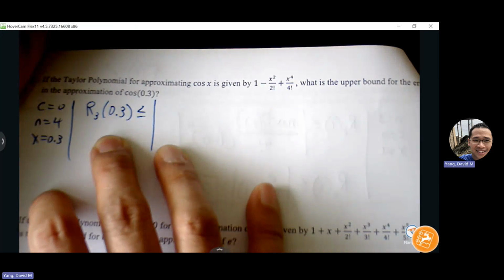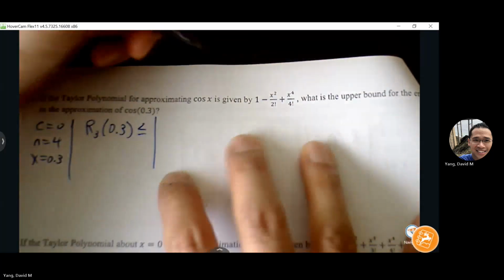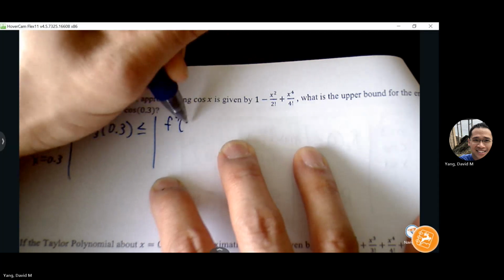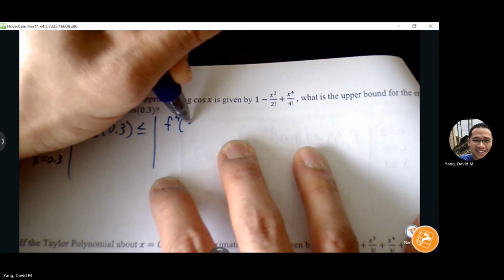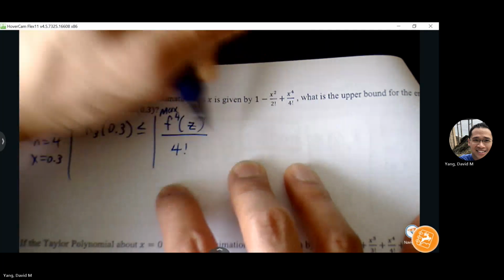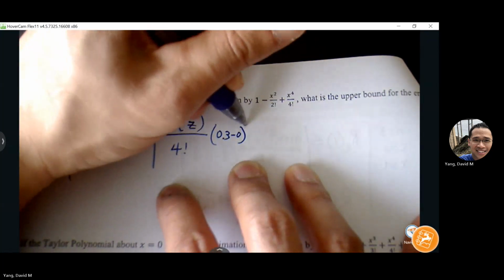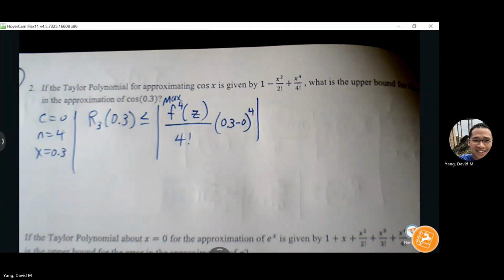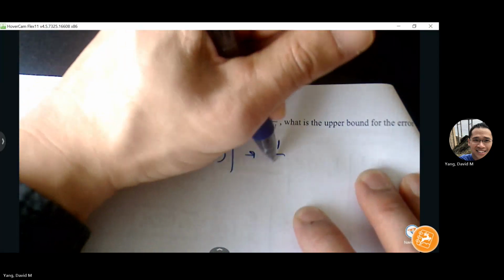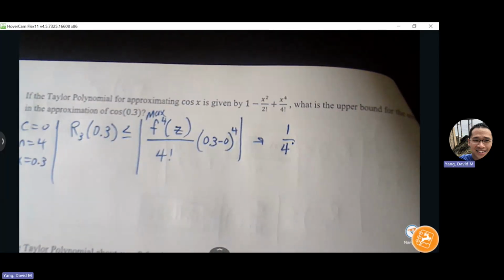Wait, will this formula be given or does it have to be memorized? Memorized, yeah. Oops, sorry. 4th, right? My bad.